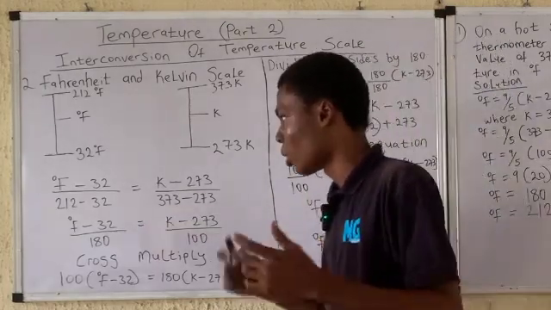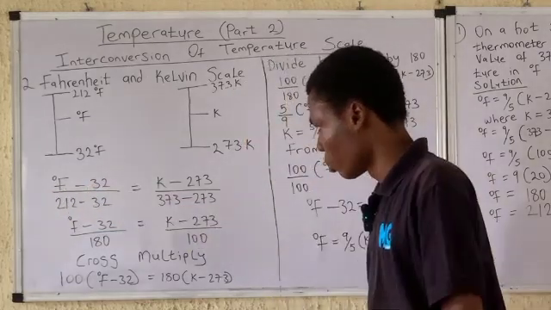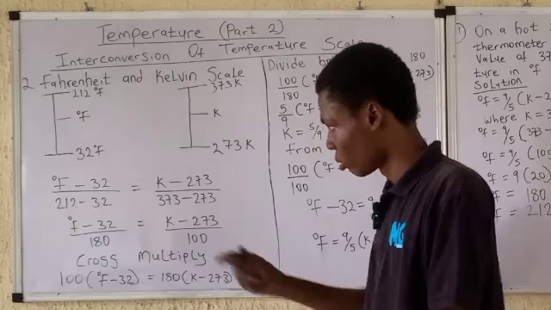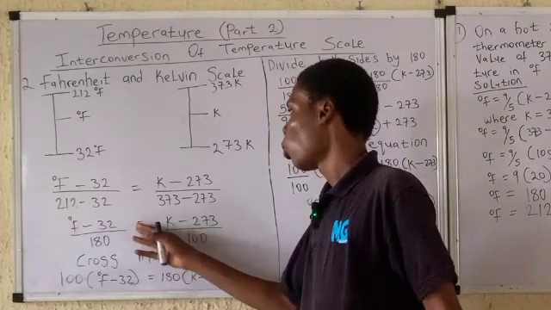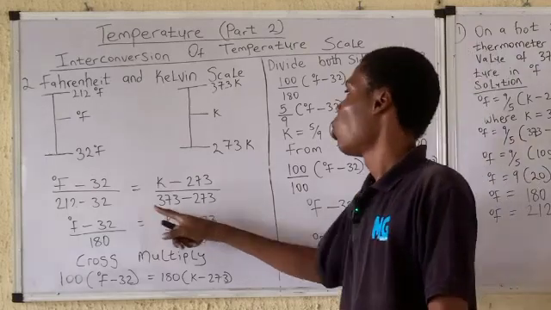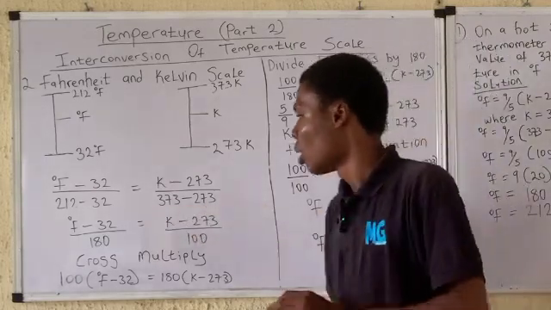Now, what next? We subtract 212 minus 32. We have it here. 212 minus 32 is equal to 180, equal to Kelvin minus 273 over 373 minus 273, we have 100.